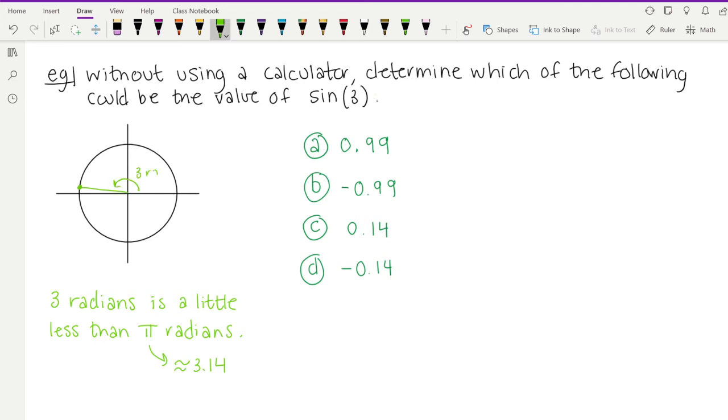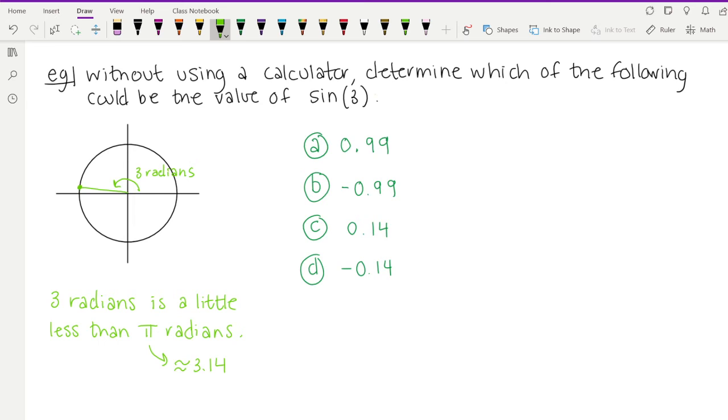I'm probably exaggerating. It's probably even closer to being horizontal, but I just want to make sure you can actually see it. So does that make sense? Even though it's not a multiple of pi, we can figure out roughly where that point is going to lie on the unit circle based on the fact that 3 is pretty close to pi. Okay, so now we can look at our list and try to figure out which of these seems reasonable.